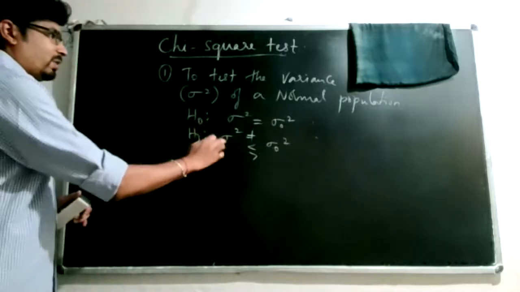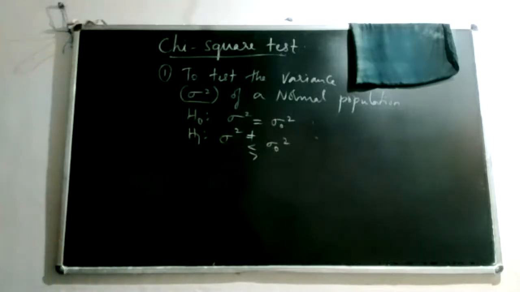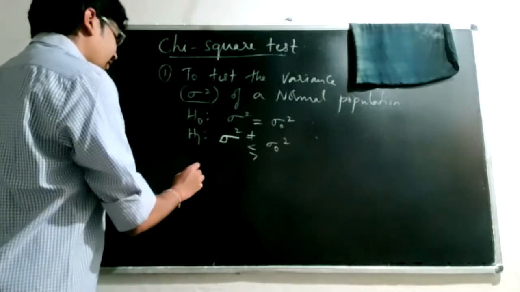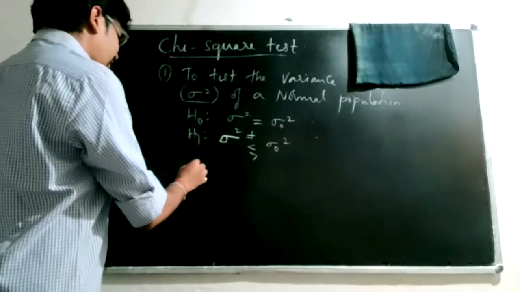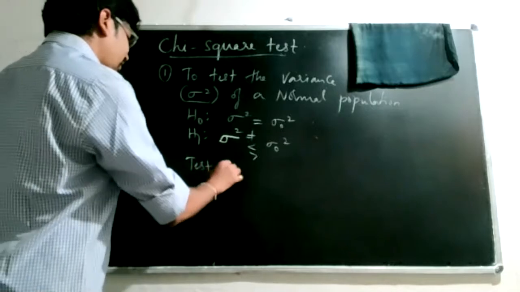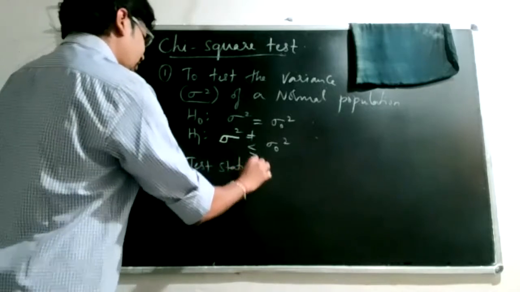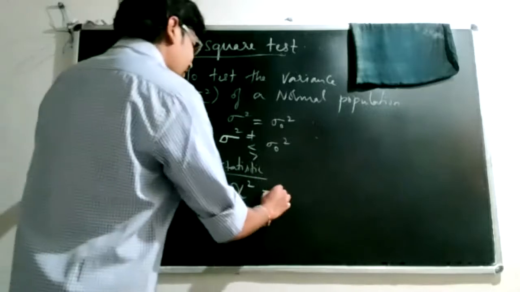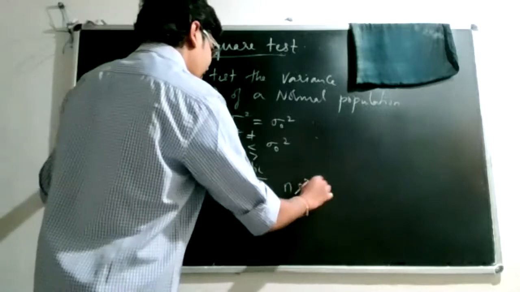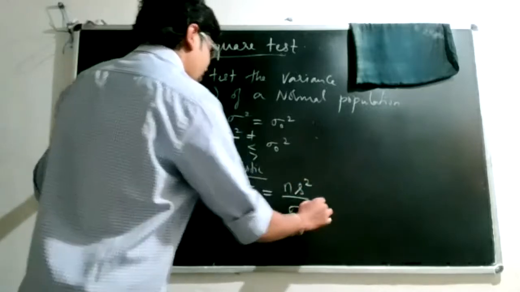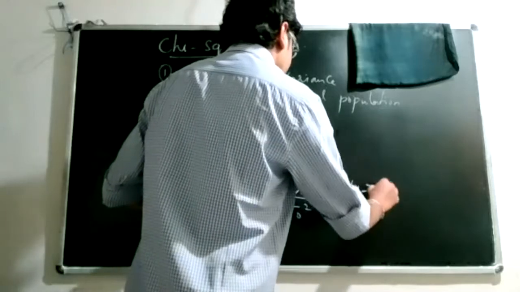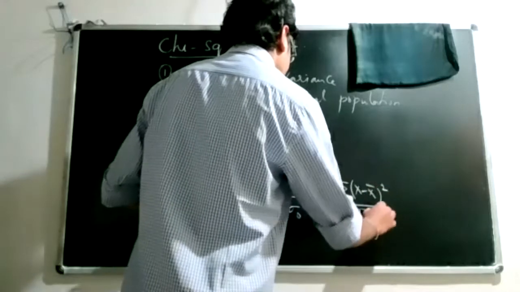and then H1: sigma square not equal to, less than, or greater than sigma naught square. So this is the symbol we use to indicate the population variance sigma square, and the test statistic here is given by chi-square equal to n s square divided by sigma naught square, or you can also write this as sigma (x minus x bar) whole square by sigma naught square.